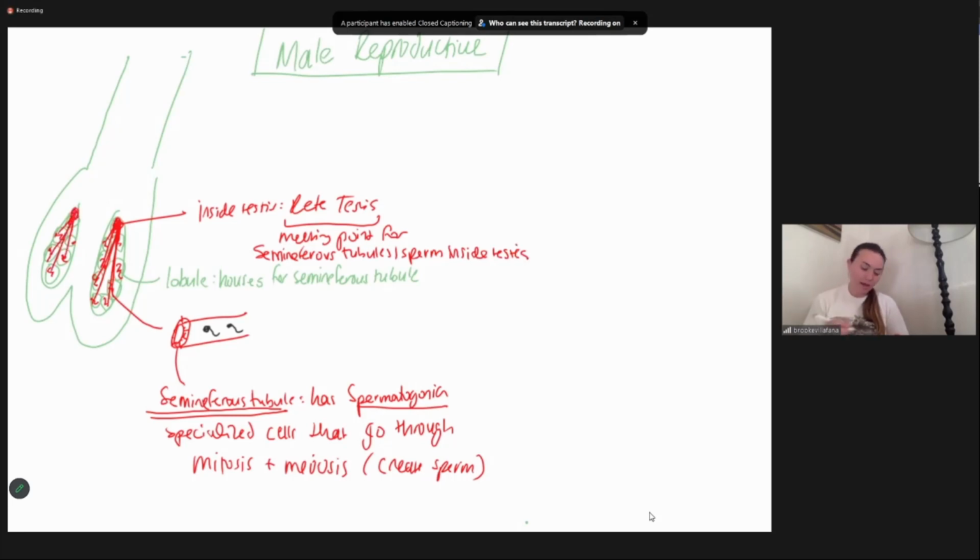As that leaves the testes, it gets into the epididymis, which is the storage place for sperm outside of the testes. So this is all like definitions you would want to know for the test as well, okay?